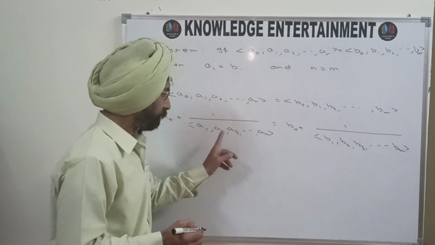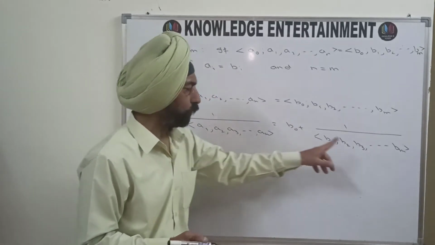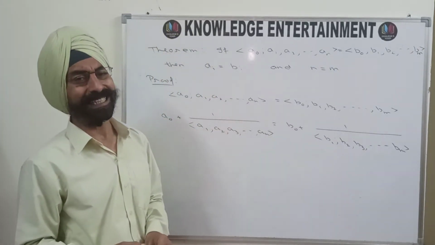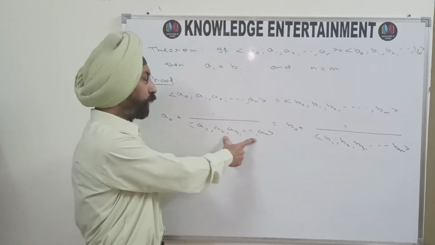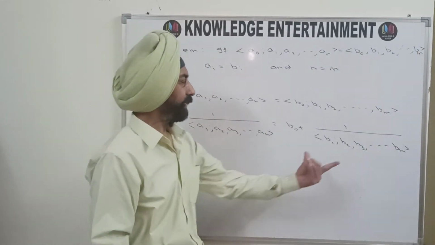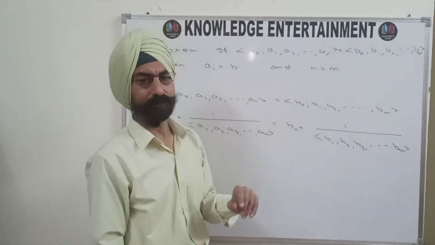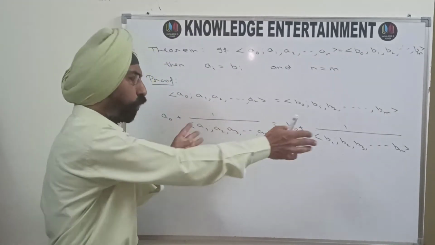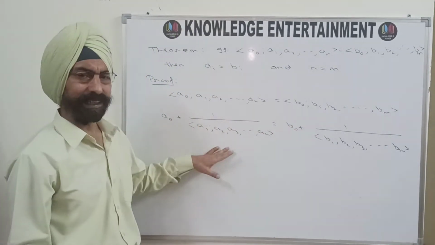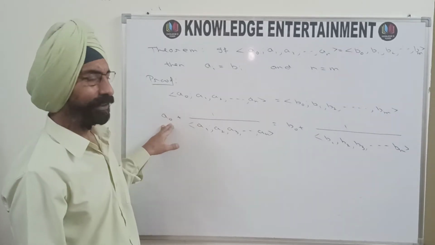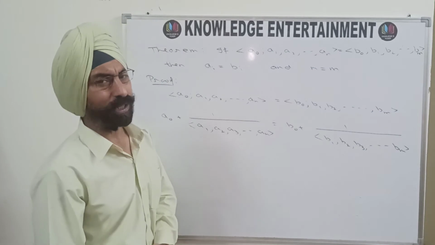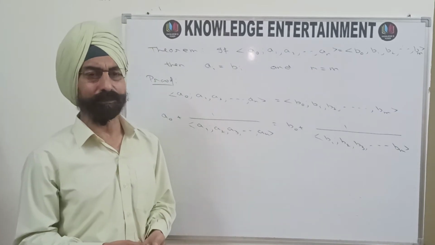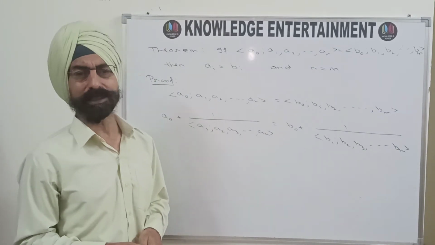In these two simple finite continued fractions, the integral part of this one is a1 and of that one is b1. But as a whole, on the left hand side the integral part is a0, and on the right hand side the integral part is b0. And we know that if two rational numbers are the same, their integral parts must coincide.